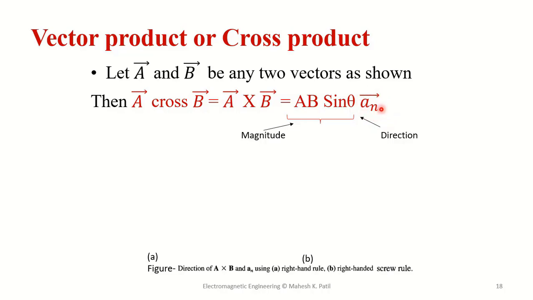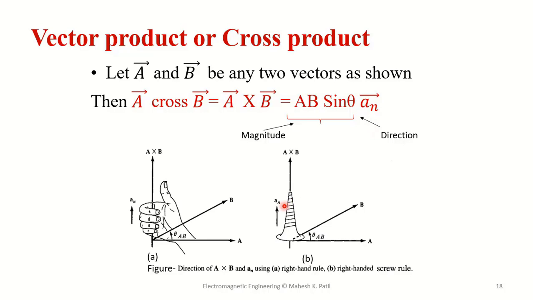It says that when a bar and b bar are in one plane, the corresponding cross product of these two vectors is along the normal vector to that plane containing vectors a and b.